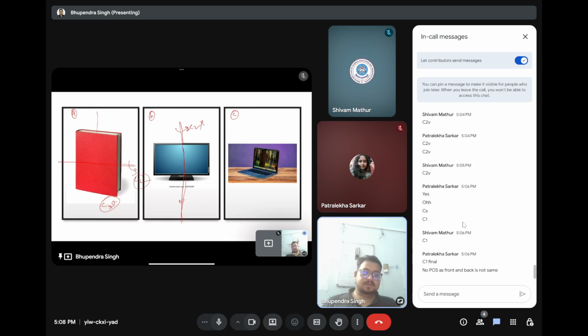No plane of symmetry, that is correct, as front and back are not the same. Okay, your answer is valid because the stand of this is also making the difference. So okay, yes, CS.